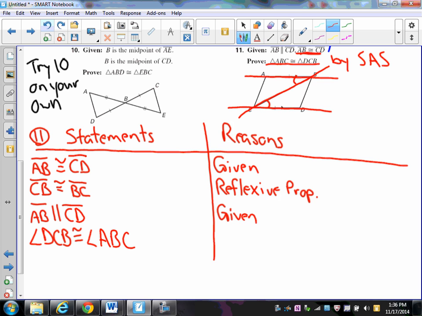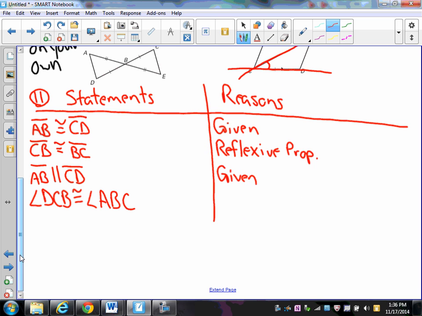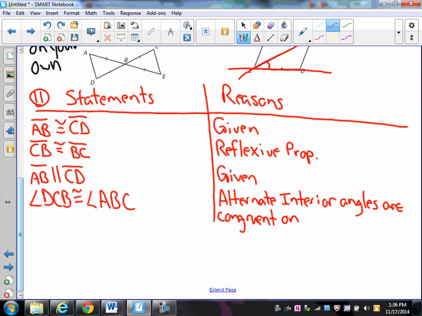And that's because alternate interior angles are congruent on parallel lines.